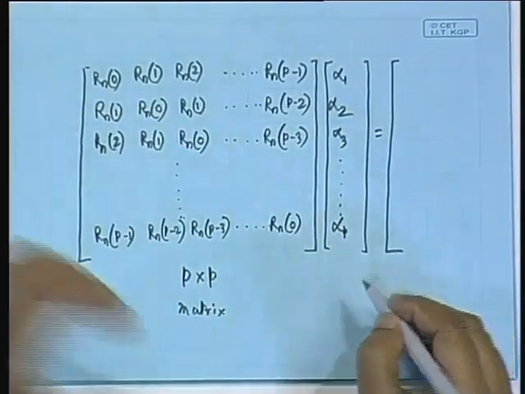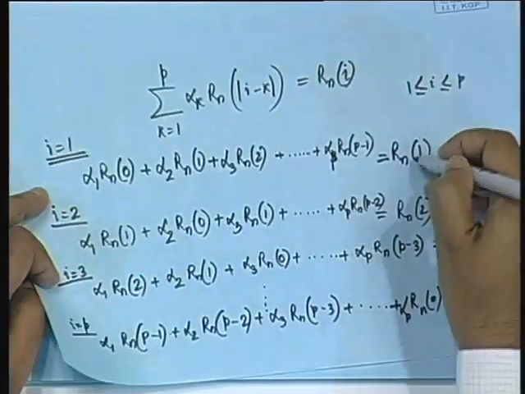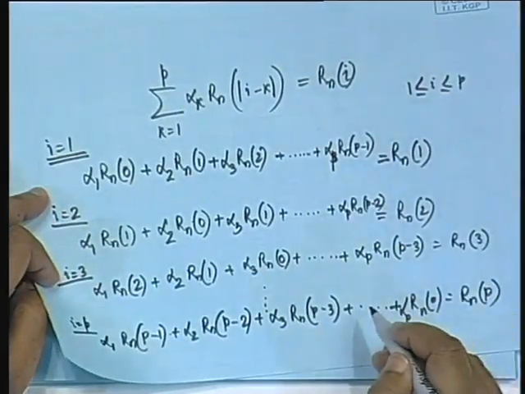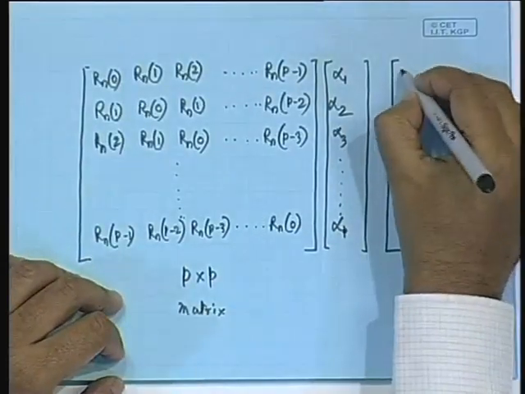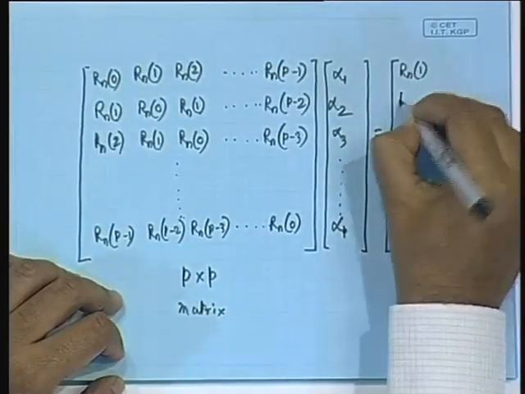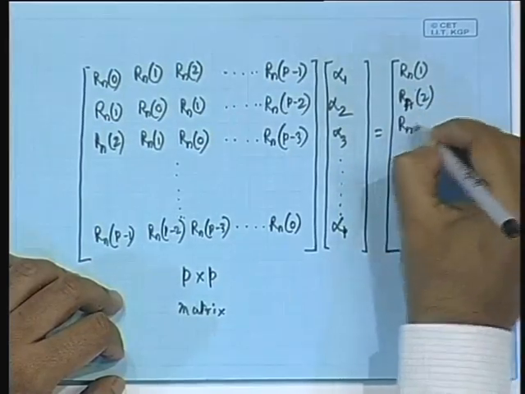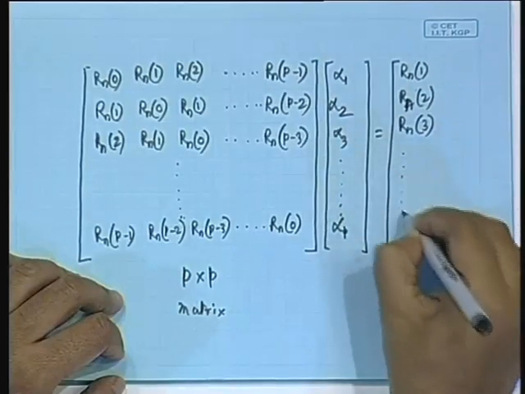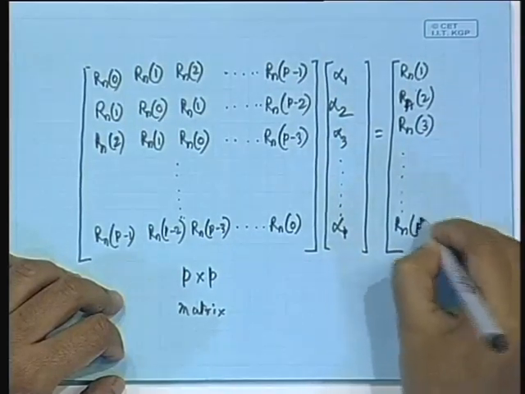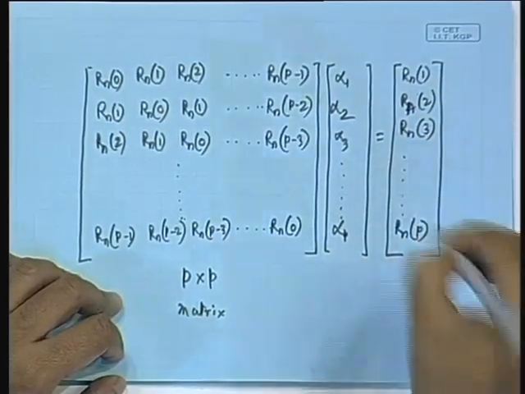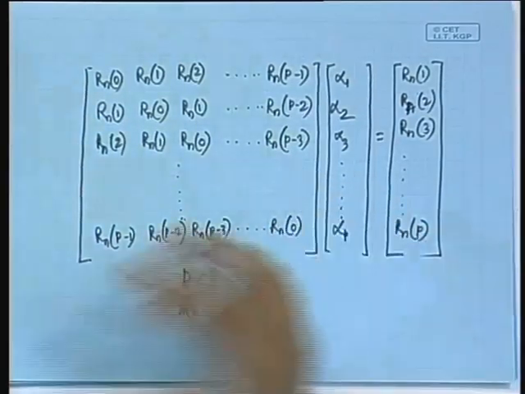Another column vector. And what is this column vector? What we have written down on the right hand side. Okay, so Rn1, Rn2, Rn3 up to Rnp, right.